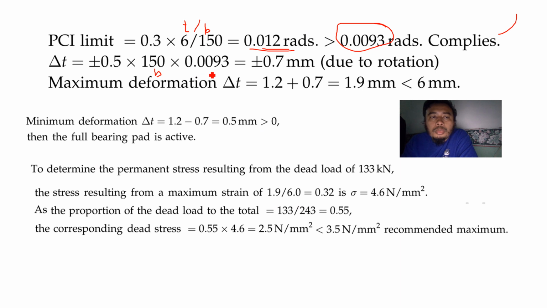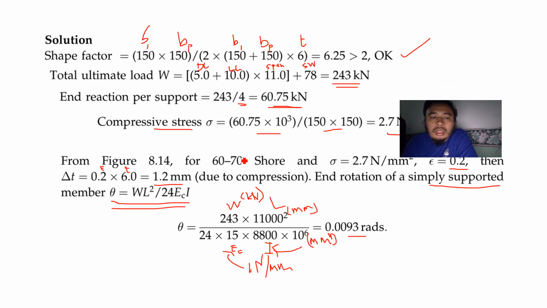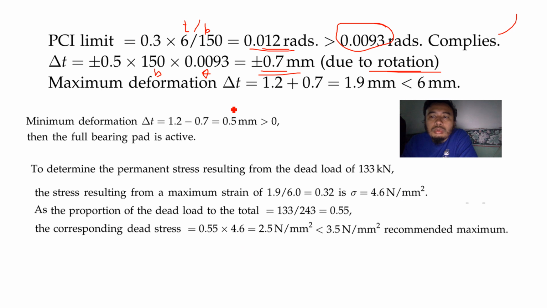So input your theta here, so you get your 0.7 mm due to rotation. This is due to rotation. Last time we checked, the deformation is due to compression. So based on these two deformations, the total up, you get your maximum deformation.